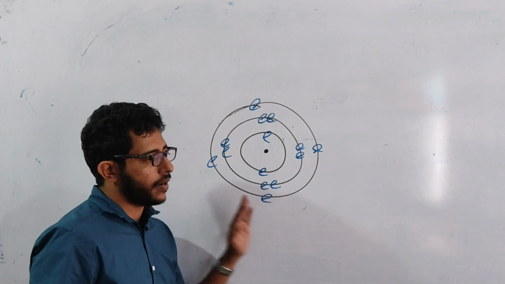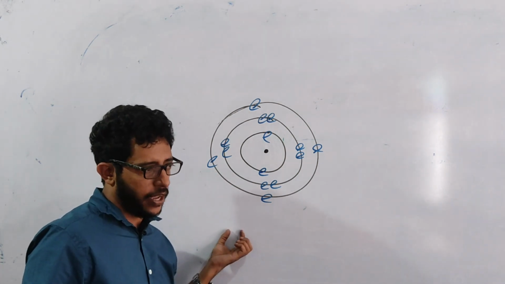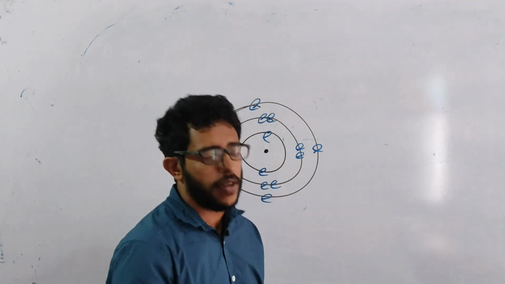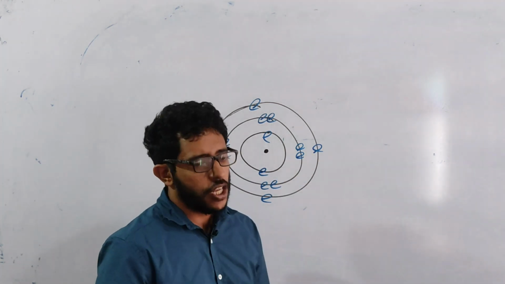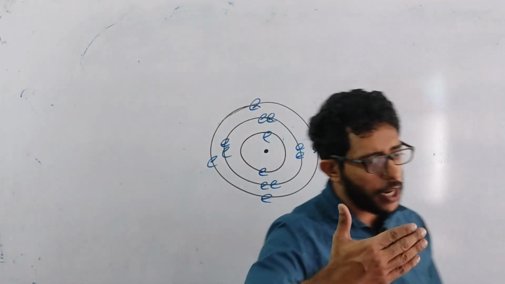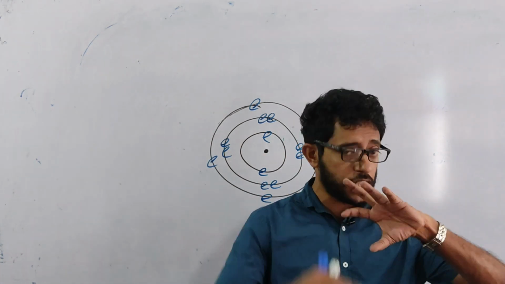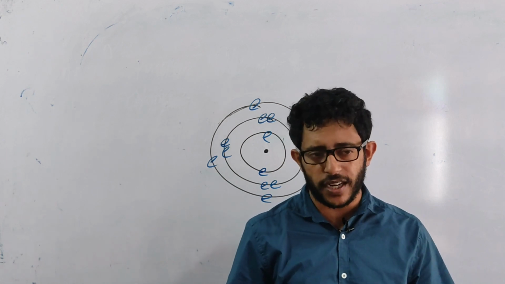So the nuclear attraction felt by the outermost electron is shielded, or covered, due to the presence of electrons in inner energy levels. So when we go down the group, or when the number of electronic shells, main energy levels, increases, the shielding effect increases.